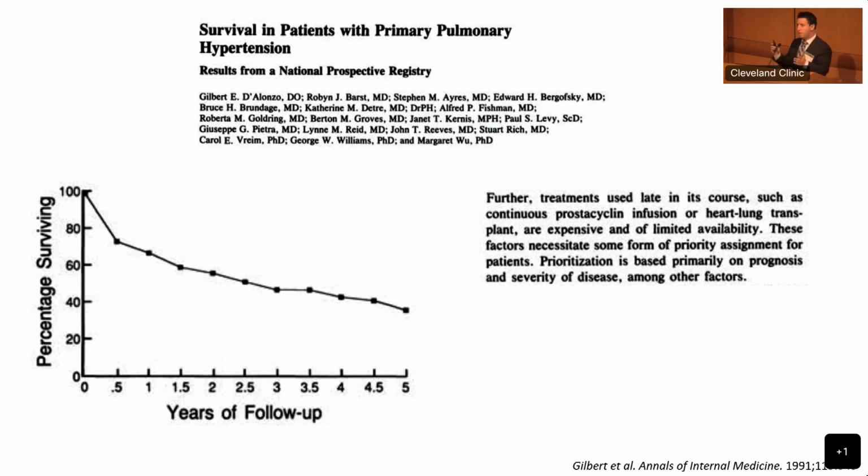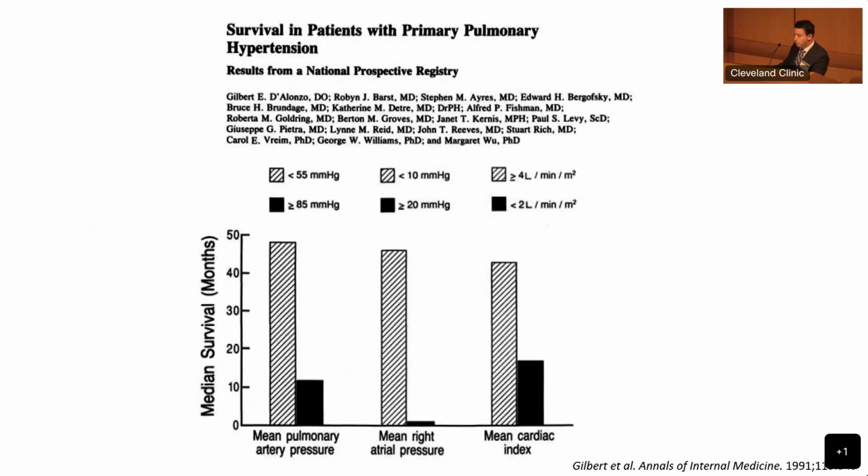So in other words, at the time, almost rationing treatment for those who need it most with poor prognosis. And you could see at the time, prognosis was very poor, with a survival of about 40% at 5 years. And what they found wasn't really shocking, but those with worse hemodynamics, specifically mean pulmonary artery pressure, mean right atrial pressure, and mean cardiac index, had a worse survival than those with more favorable hemodynamics.